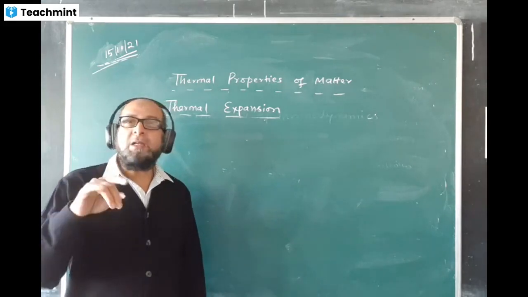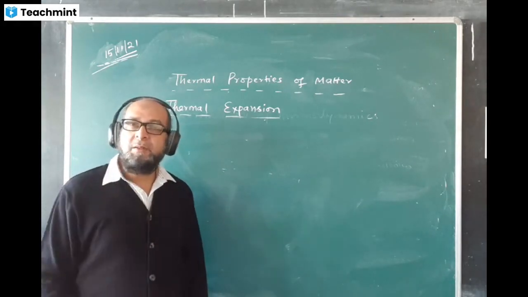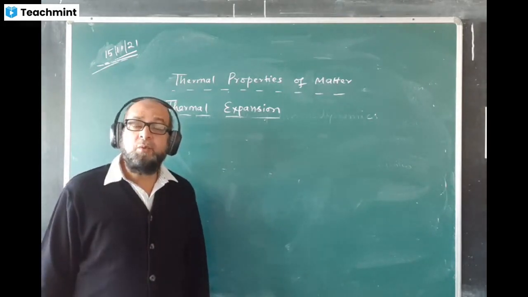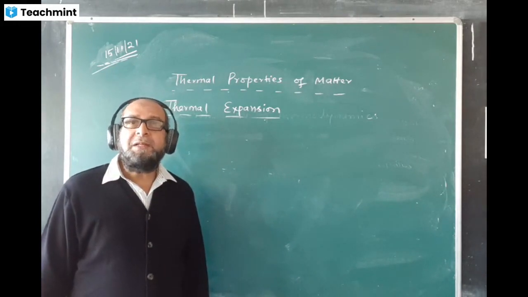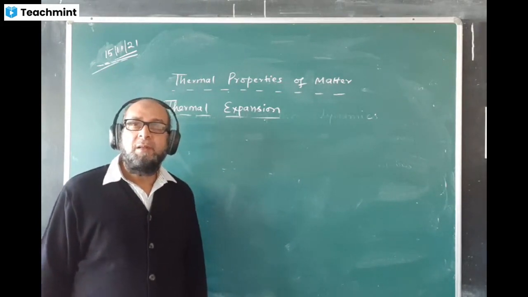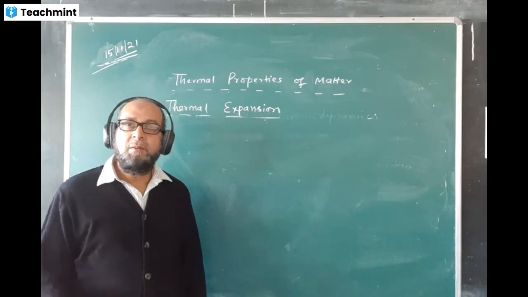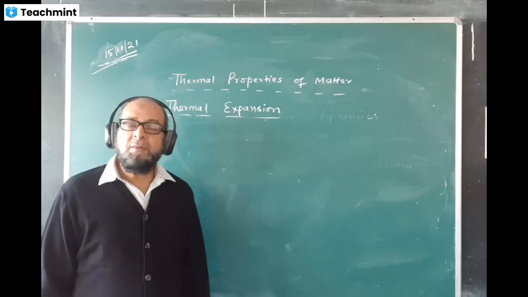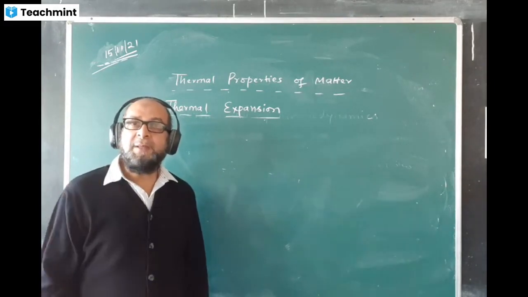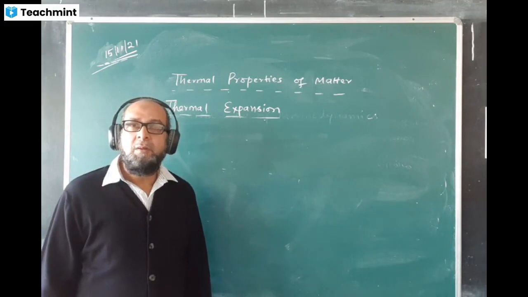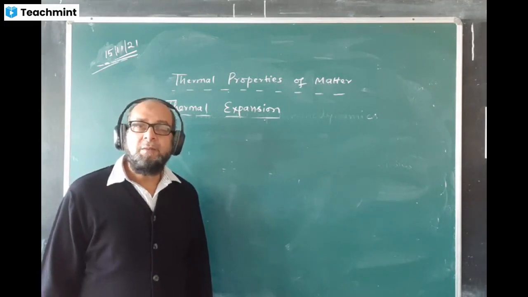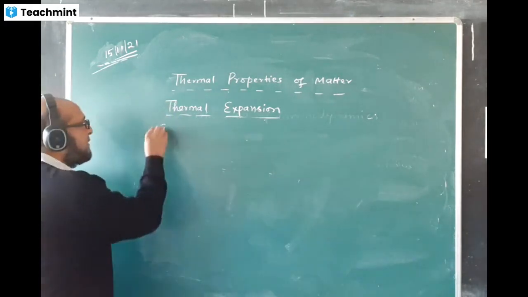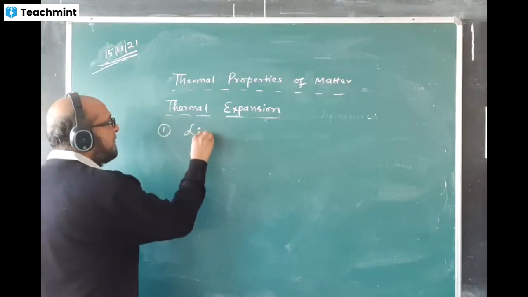This thing you have done in the lower class, we are doing it faster, but it is there in the syllabus, so you have to do it. There are three types of expansion: linear expansion, superficial expansion, and volume expansion or cubical expansion.